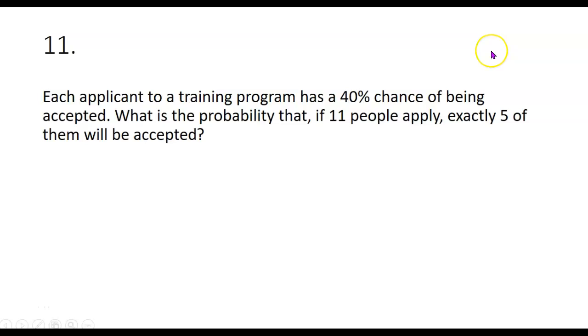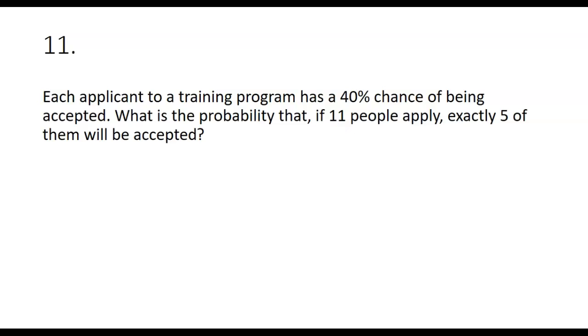Number 11, each applicant to a training program has a 40% chance of being accepted. What is the probability that if 11 people apply, exactly 5 of them will be accepted? So you should recognize that this is the kind of question that's asking for the probability of something happening 5 times out of 11 times that it could happen.